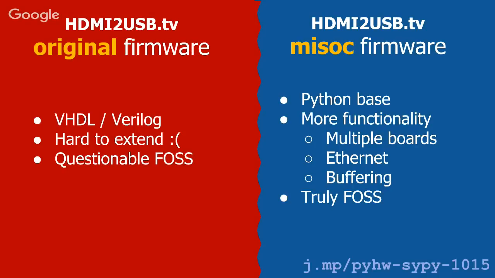Our new one is written in Python and C, has more functionality, and the other great thing is that all the cores that you're using are completely open source, because the other one is generating the code, not this piece of FPGA compiler technology. So it's actually truly open source, and we can run it on any FPGA we want. We don't have to be restricted to just the one toolchain we're using.